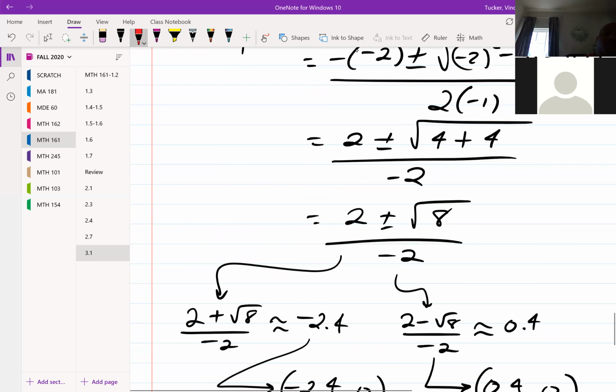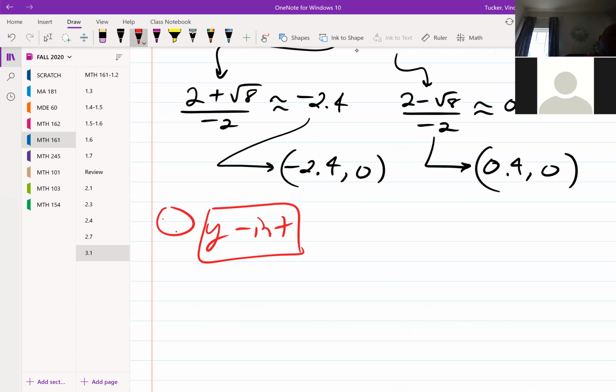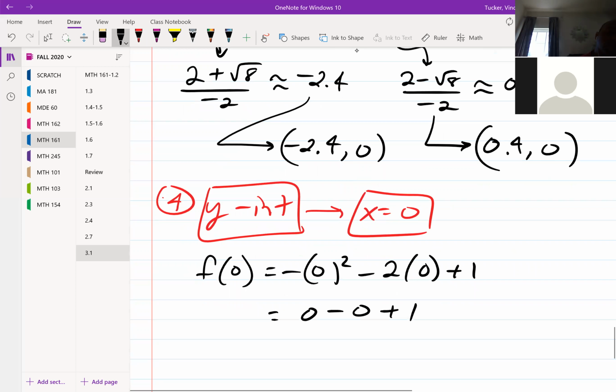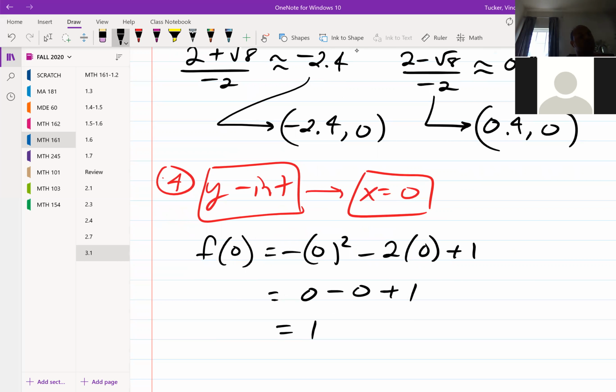Oh, step 3 or 4. Oh, this is 4. And to find the y-intercept, we let x be equal to 0. All right, so that ordered pair is 0, 1.